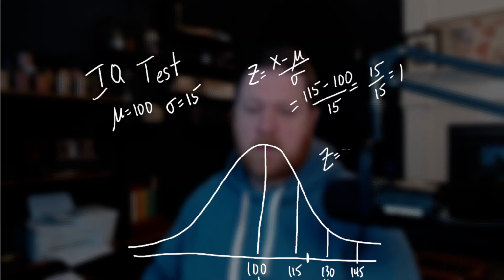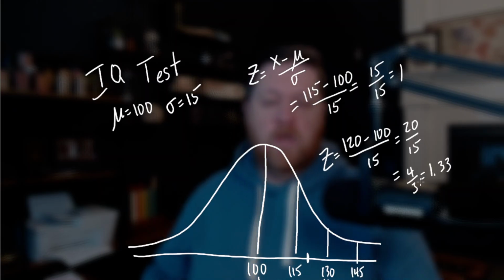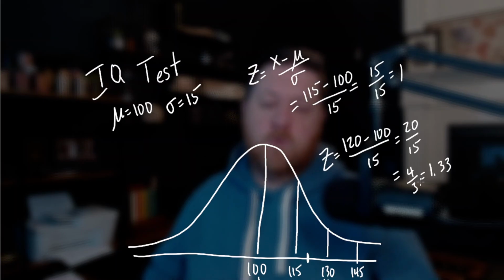Z is equal to 120 minus 100 over 15, which is 20 over 15, which is 4/3, which is 1.33. So an IQ score of 120 is 1.33 standard deviations above average, right? That's what the z-score tells us.